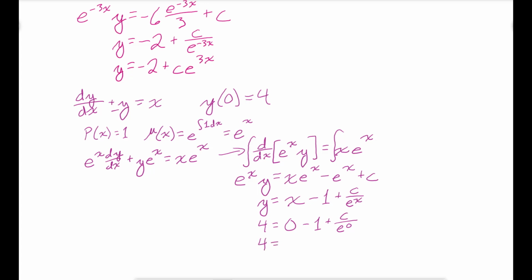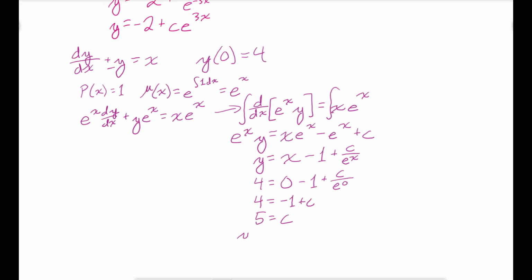So I have 4 equals minus 1 plus c. So I add 1 to both sides, I get 5 equals c. So my particular solution then is y equals x minus 1 plus 5e to the negative x, or 5 divided by e to the positive x, whichever you prefer.